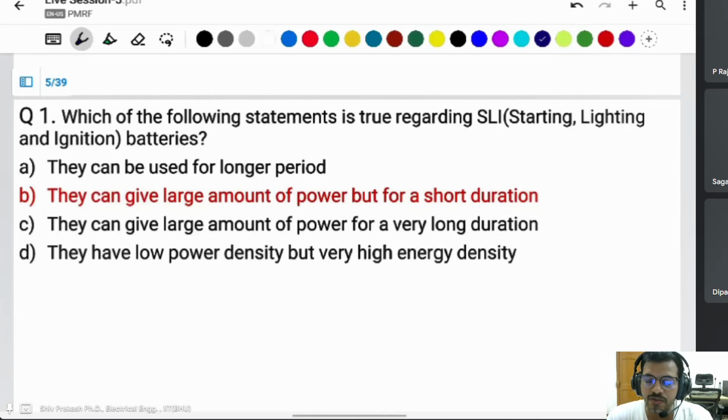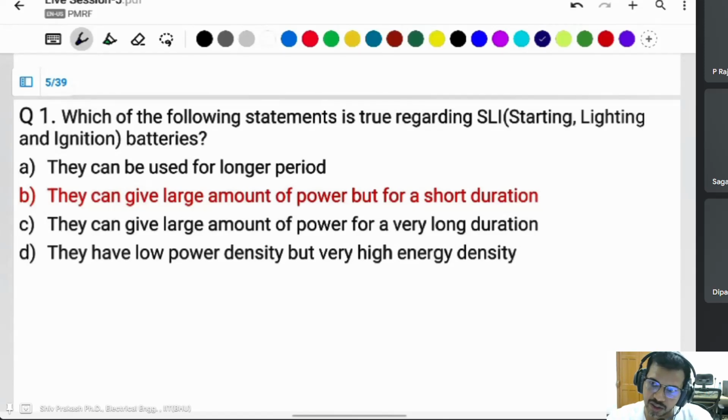As you know about vehicles, two-wheelers or four-wheelers, there is a battery and a self-starter to start the vehicle.